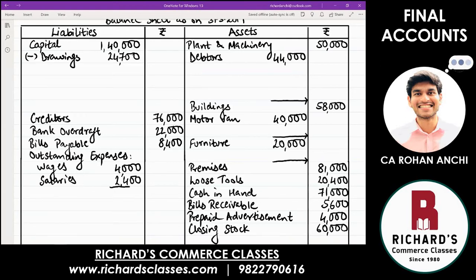Total outstanding expenses, if you add up, that is 6,400. You can also write separately, outstanding wages, directly outer column 4,000. The next line, outstanding salaries, outer column 2,400. Or another way of showing it is write down outstanding expense and show them one below the other.